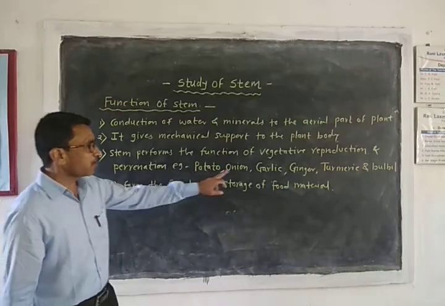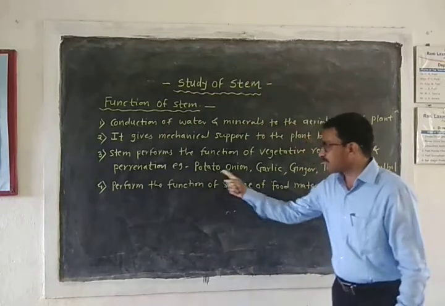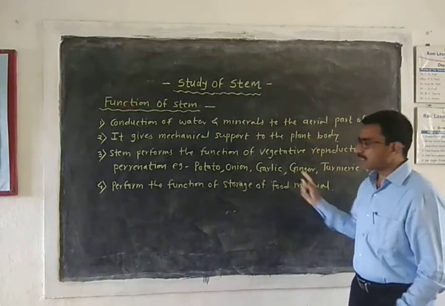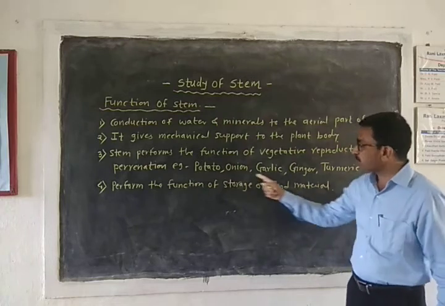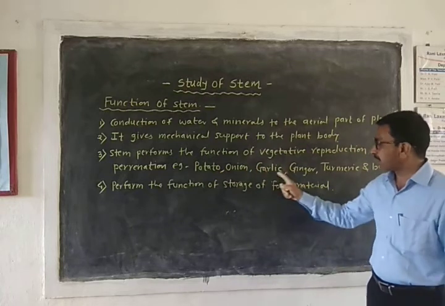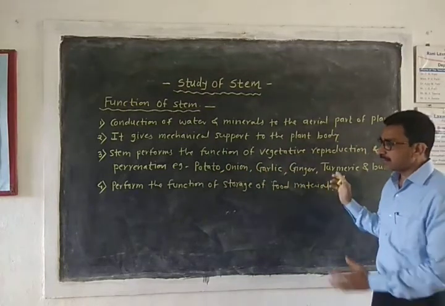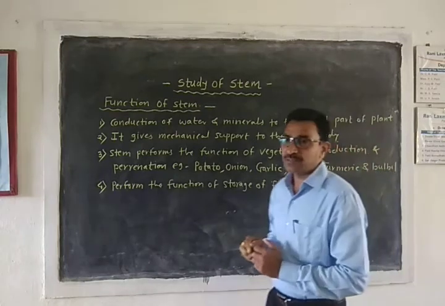Example: potato, onion, garlic, ginger and turmeric. These are stems, and these stems store food material, and hence these are used as food. In them the food is stored, and hence they are used as food.